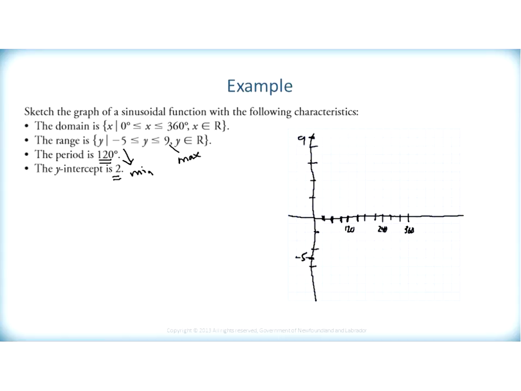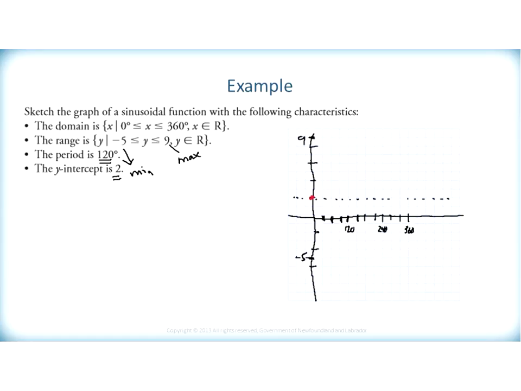And so we always start with our sinusoidal function. We start at our midline, and our midline in this case would be 2, since it's halfway between 9 and -5. So our y-intercept is 2. That's right here on our midline.